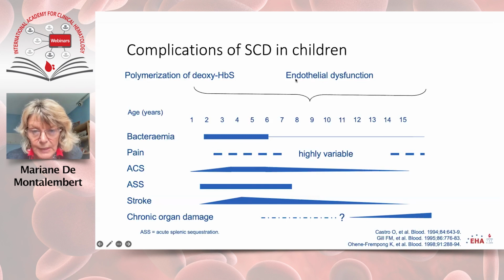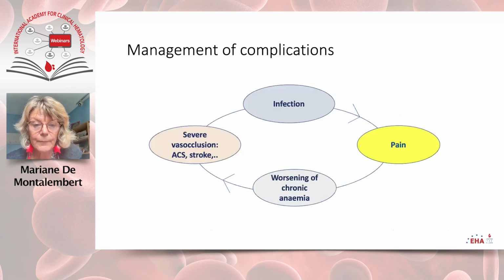As the child gets older, he has endothelial dysfunction, and this dysfunction is not reversible. These complications, infection, pain, worsening of chronic anemia, severe vaso-occlusion such as acute chest syndrome and stroke, create a vicious circle.